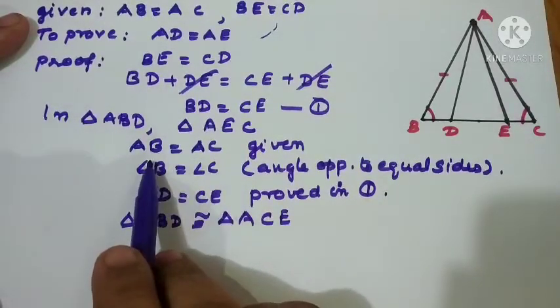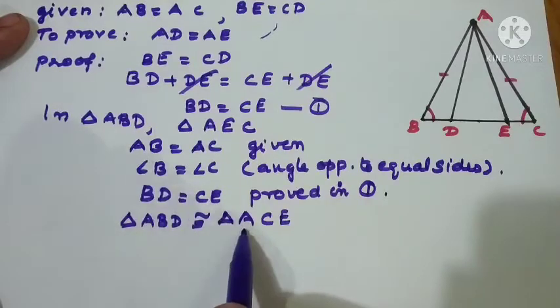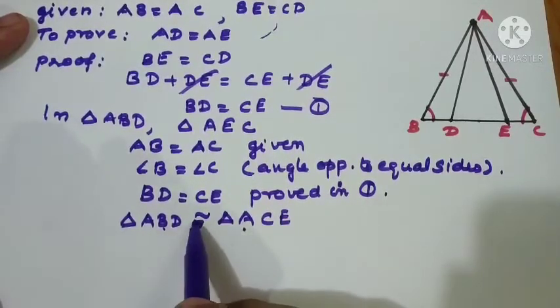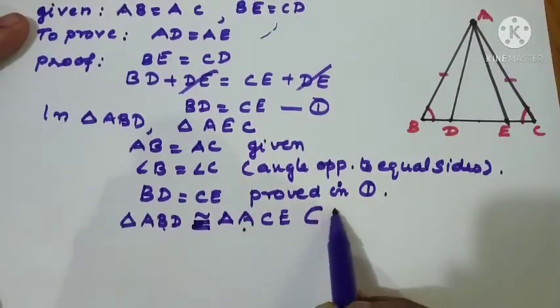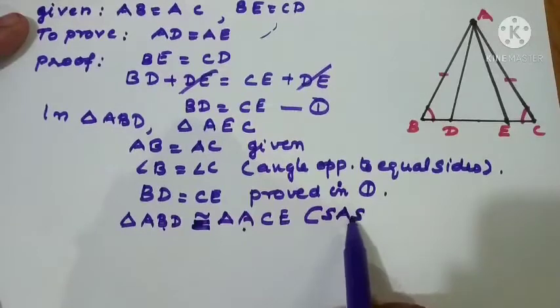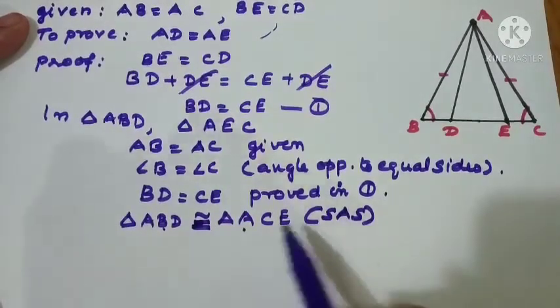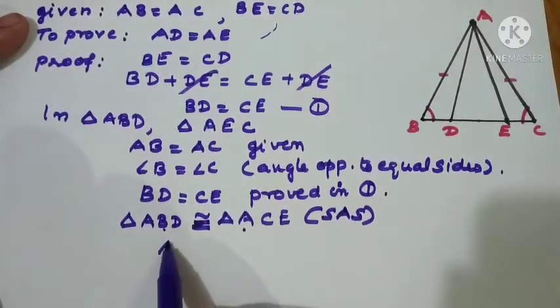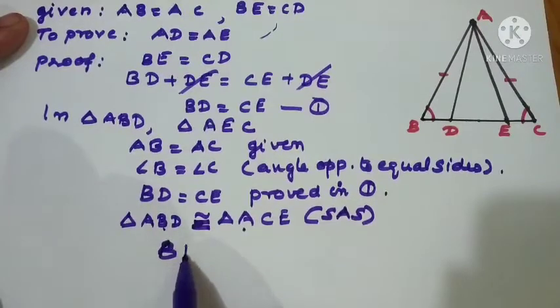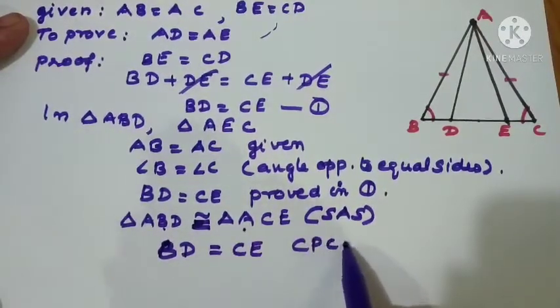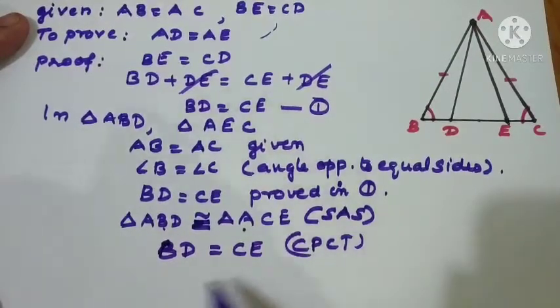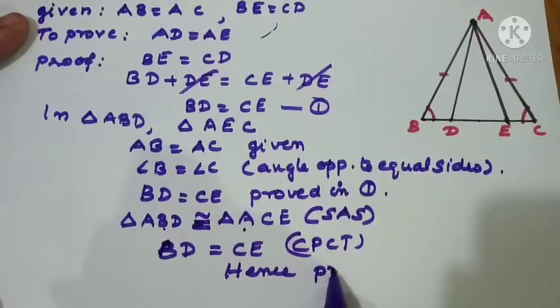Next for D, it is E, and for A, it is A only, right? So we got triangle ABD congruent to triangle ACE. What is the criterion? We already said here, SAS, right? Now what is the result of this? AD equal to AE, CPCT. Hence proved.